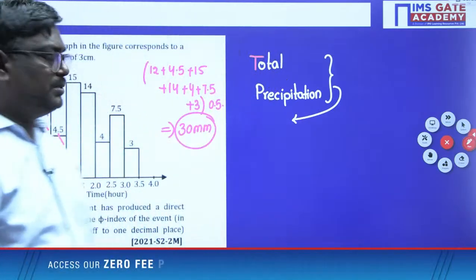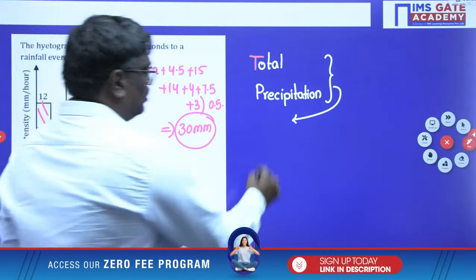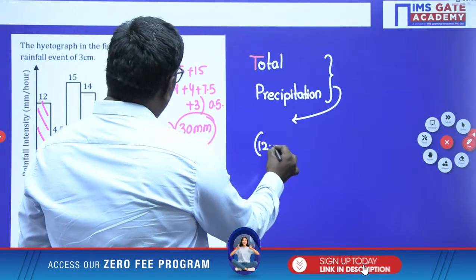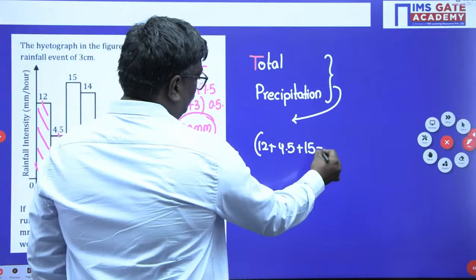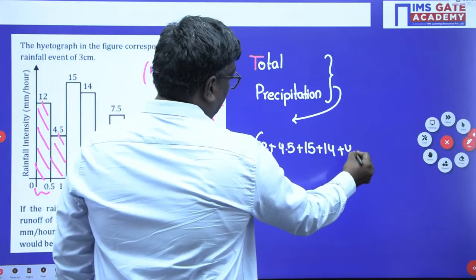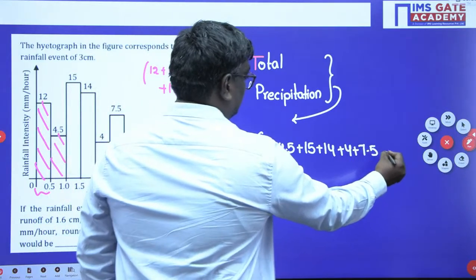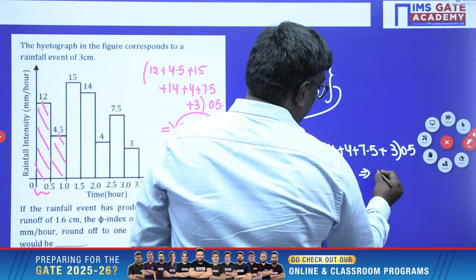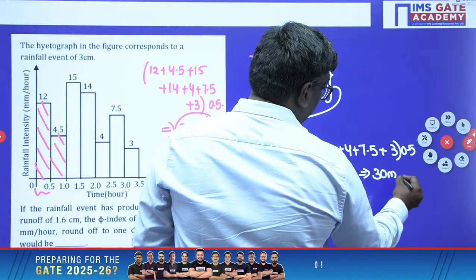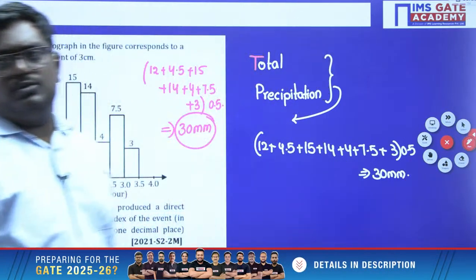The total precipitation we have is 12 plus 4.5 plus 15 plus 14 plus 4 plus 7.5 plus 3, into 0.5, is equal to how much? 30 mm. Am I correct or wrong, students?